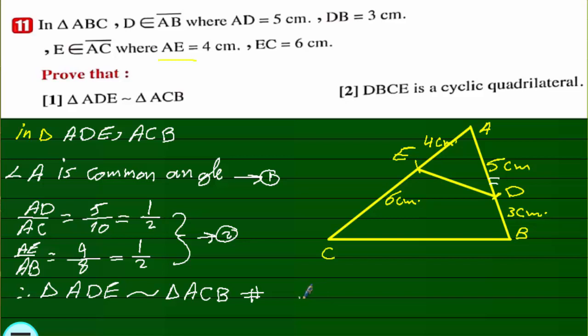Okay. Second required is to prove that the figure DBCE, this figure, is a cyclic quadrilateral.